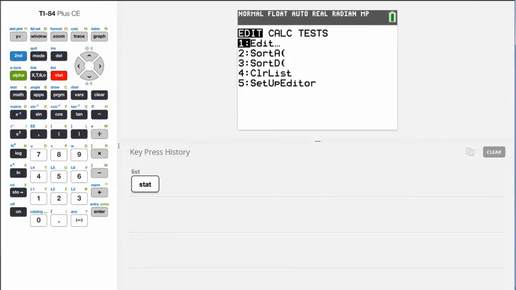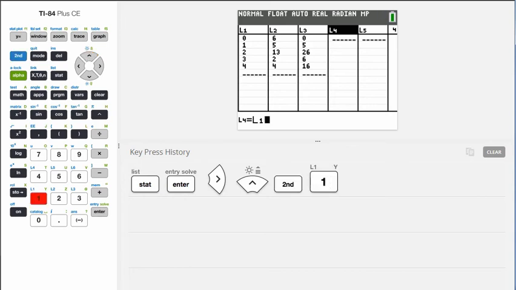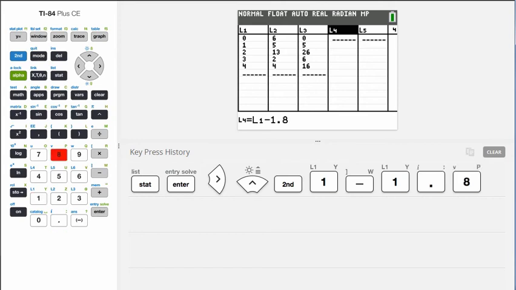Stat, I want edit, enter. I'm going to arrow over to L4, highlight L4. Second 1 types in L1 minus 1.8. Enter. And now I have x minus the mean.